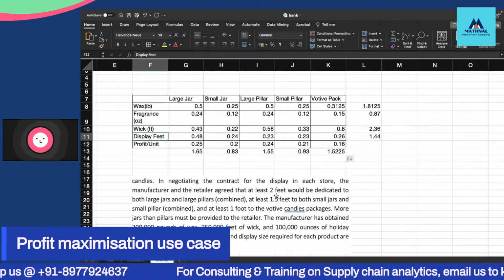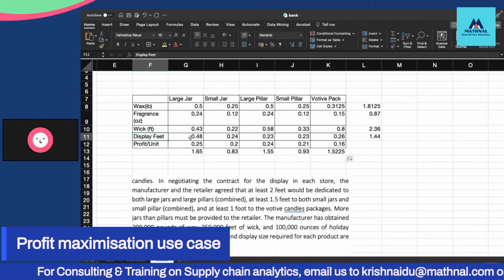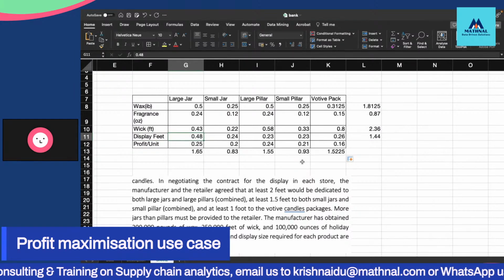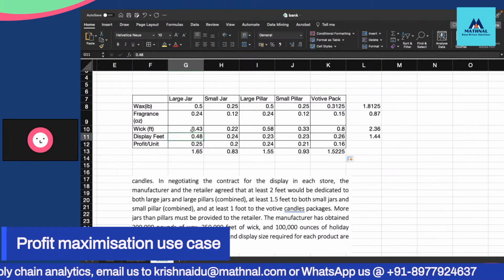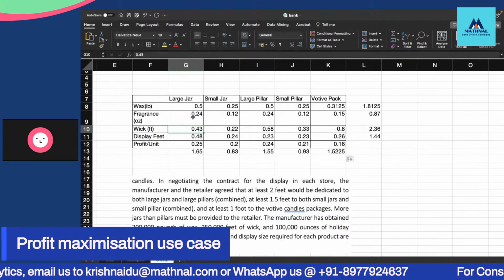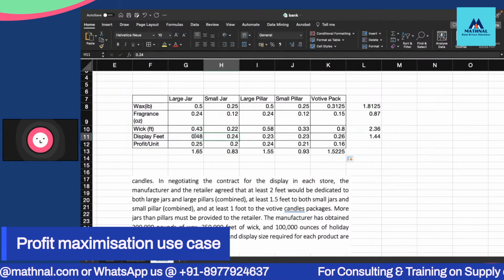At least more than 2 feet. So here it is 0.45, 0.48.